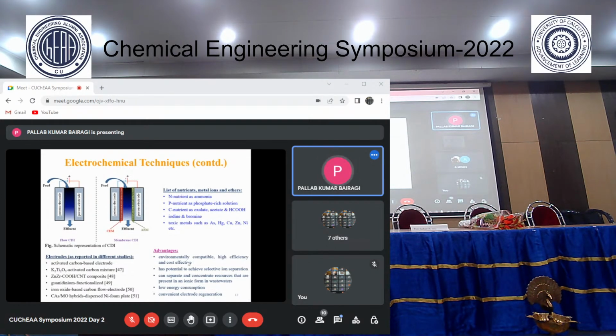In this technique, a voltage bias is applied to polarize the non-Faradic electrodes. Due to that, ions transport to and are stored capacitively in the electrical double layers on the porous surface of the electrodes. Anions are adsorbed on the positive electrode and cations on the negative electrode during the charging step. During the discharging step, ions are released back to the bulk solution when the voltage is released or reversed.